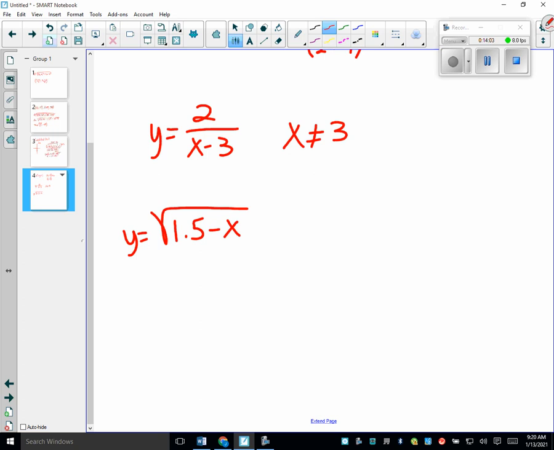So would you agree that 1.5 minus x has to be greater than or equal to 0? How can I solve for x? Can I subtract 1.5? Negative x is greater than or equal to negative 1.5.